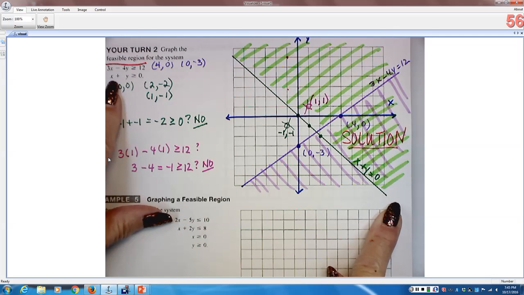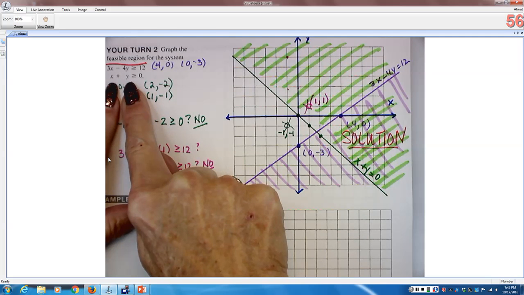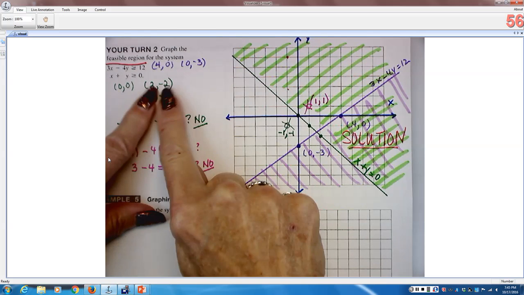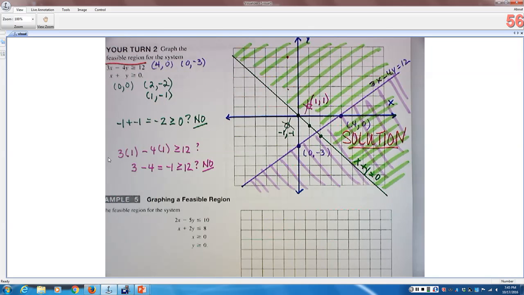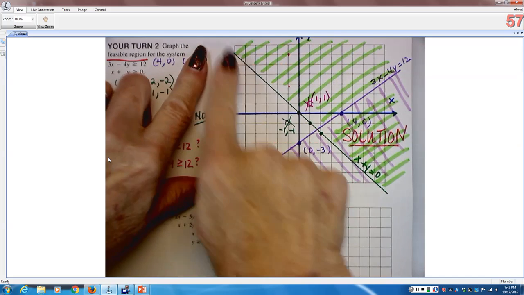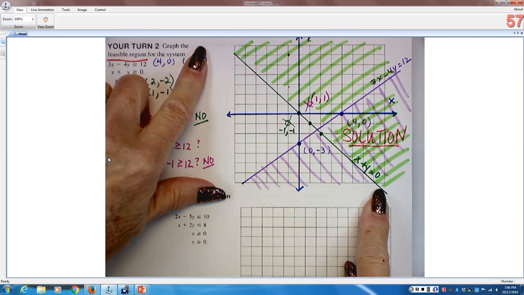And when you're graphing x plus y equals 0, keep in mind all you're saying is that x and y have to be opposites. 2 plus -2 is 0, 1 plus -1 is 0, -1 plus 1 is 0. So as long as you pick the same number and change the sign on one of them, all those points should be on that line, and that's this line. Okay?